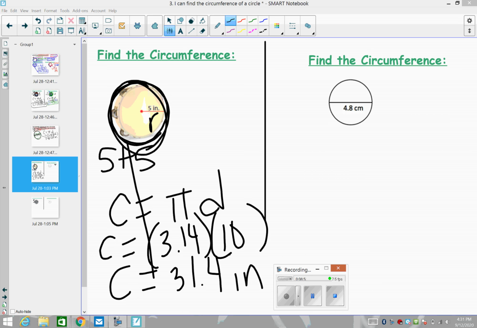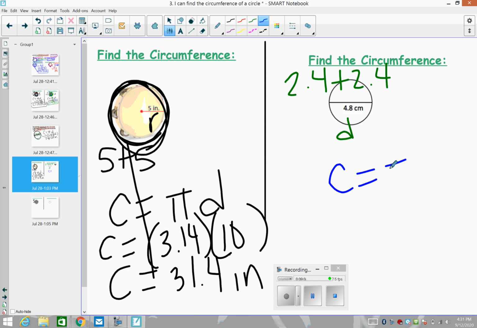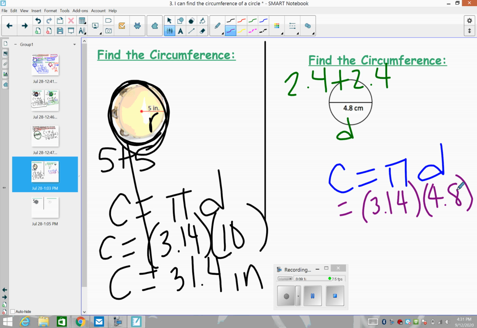All right, let's keep going here. This is the diameter. It's given as a decimal, 4.8, which means the radius is 2.4 and another 2.4 to get across there. When I need a circumference, I'll just use pi d. So we get 3.14 times the diameter across, which is 4.8. We need that number that's going across.